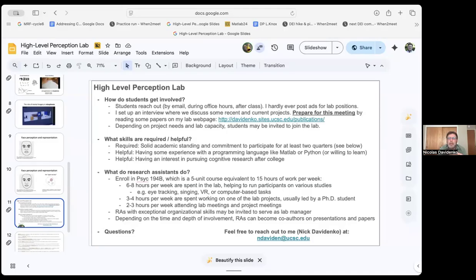But during the school year, preference is given to enrolled students who can use those opportunities for course credit. But it does happen that somebody who has been in the lab stays involved after they graduate. That is quite common.